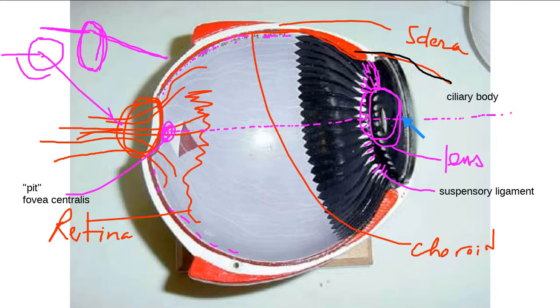And when you are relaxing, you don't innervate the ciliary muscle. In fact, the ciliary muscle just kind of pulls back. And when it pulls back, it pulls on the suspensory ligament, and the lens will be flatter, right? And then the light will come in at that angle, go back and stimulate that area.